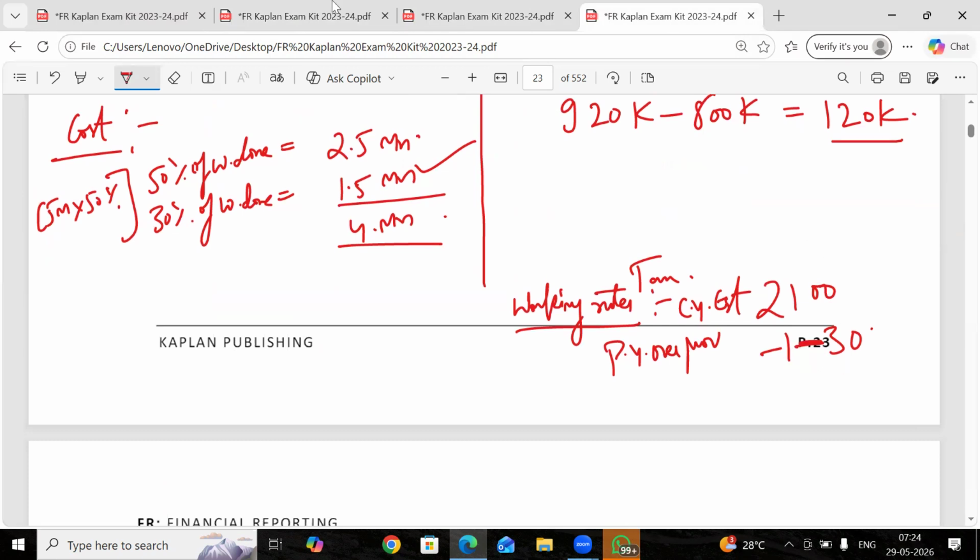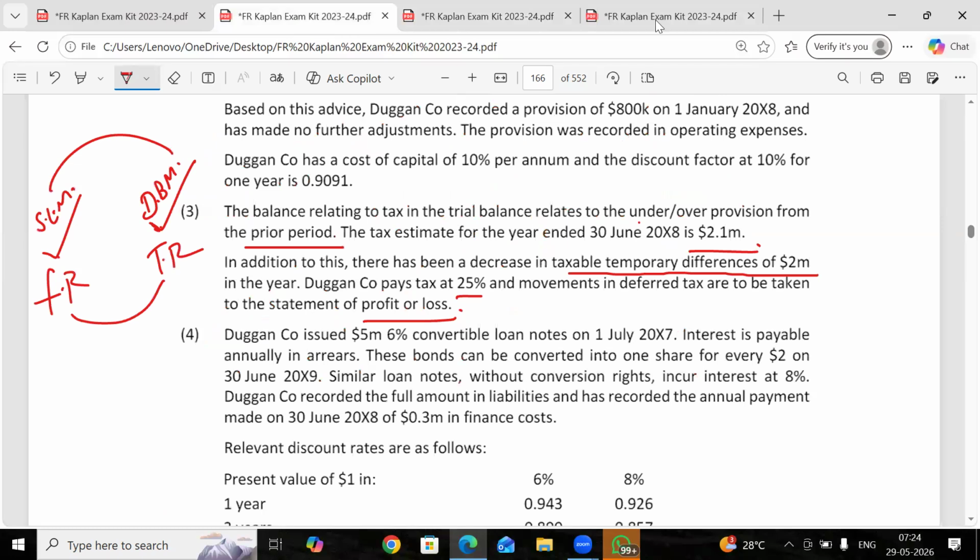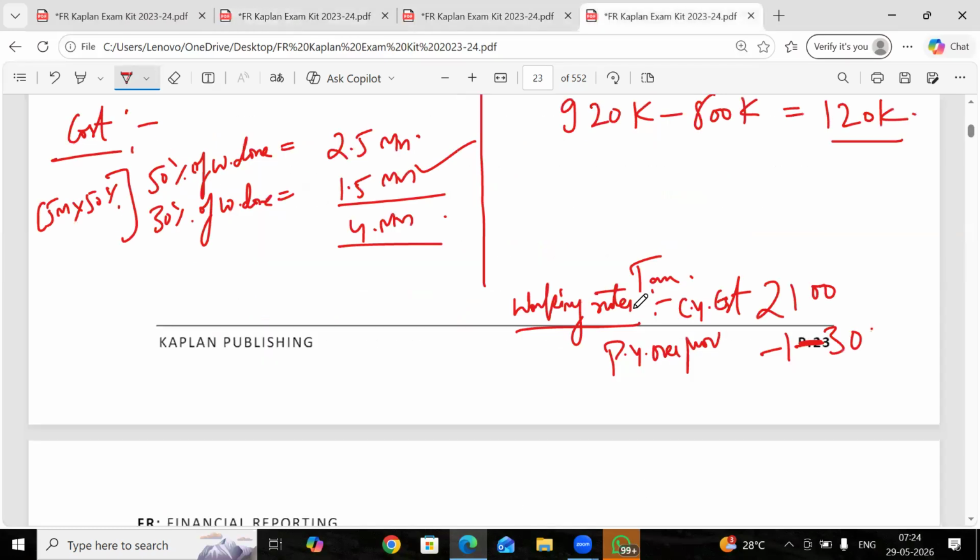So 20 lakhs into 25%. How much? 5 lakhs. 5 lakhs is nothing but 500, we'll omit 3 zeros.